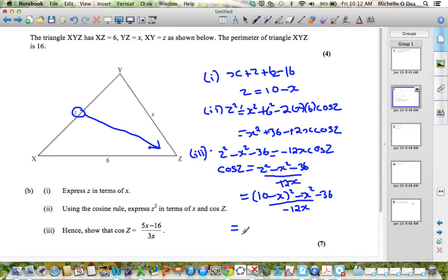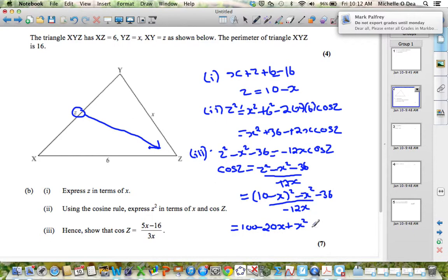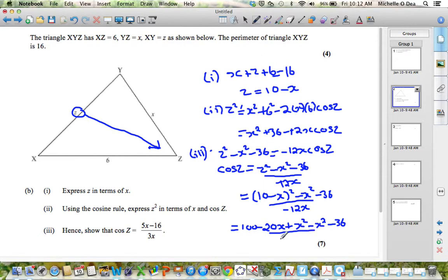So expanding the 10 minus x squared, I get 100 minus 20x plus x squared. And then minus x squared minus 36, all over minus 12x.